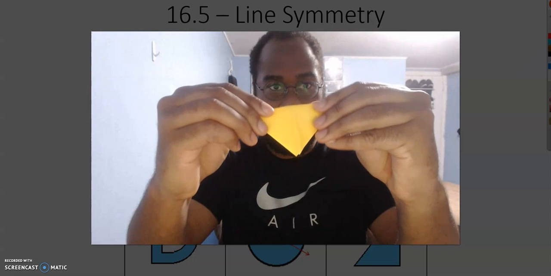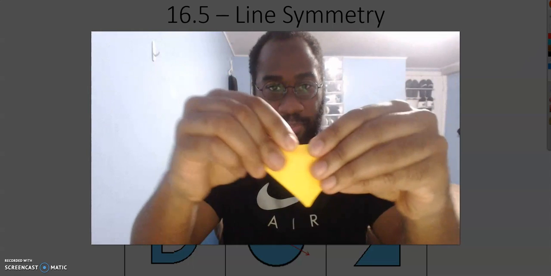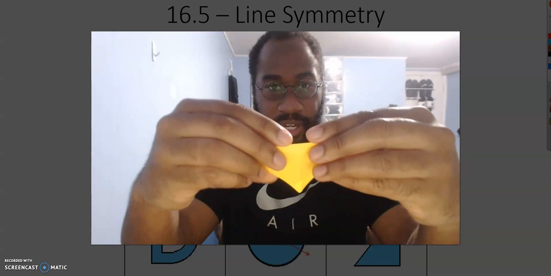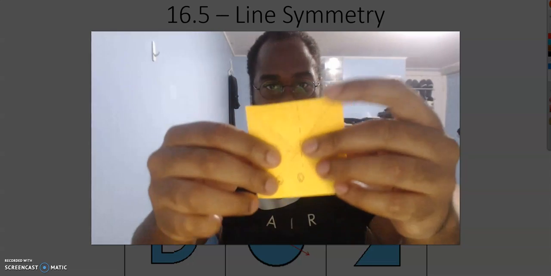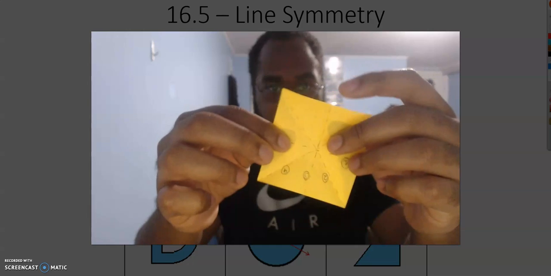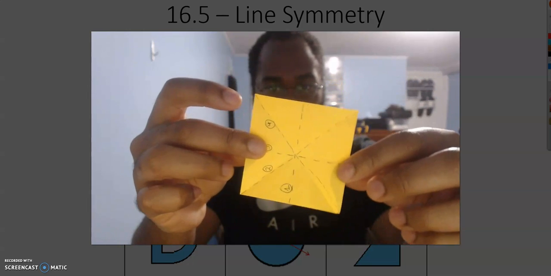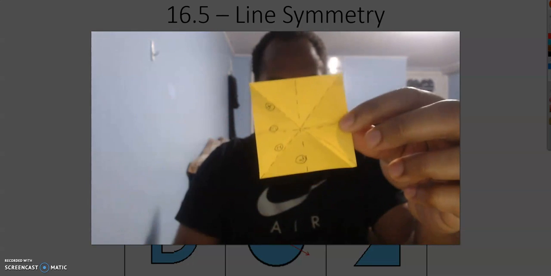So this is line symmetry, where you can fold a shape or an object where it will be equal on both sides. So this has four lines of symmetry.